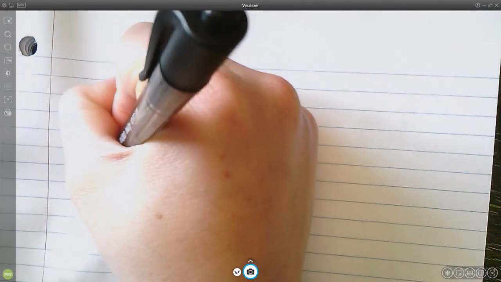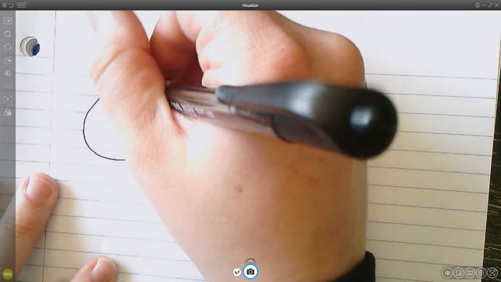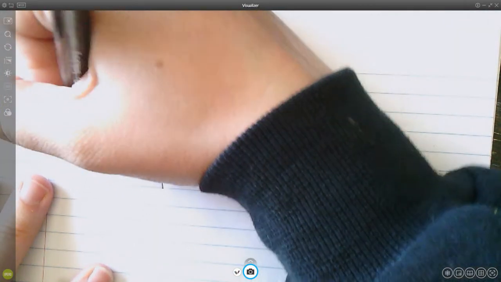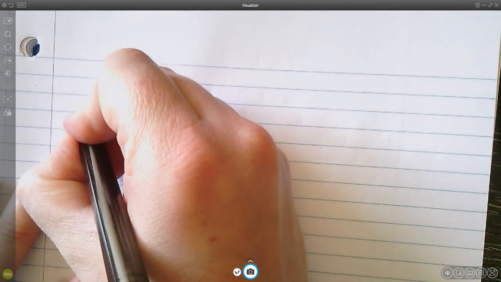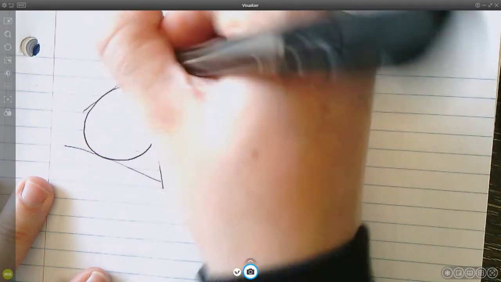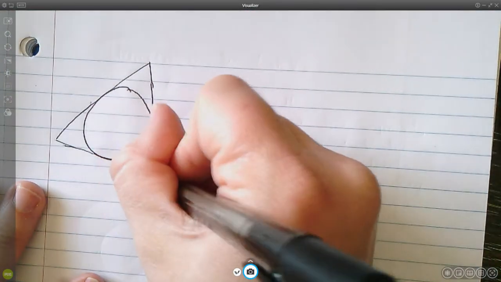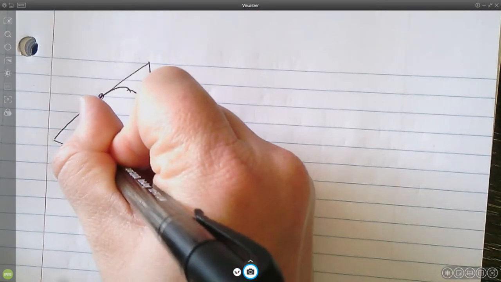This one, I don't know why, but these are one of my favorite types of problems. So if I have a circle, and I'm going to draw a triangle around the outside of it. Boy, oh boy. My drawing has not gotten any better with the quarantine, just in case you're wondering. Okay, so I have this point, and this point, and this point.